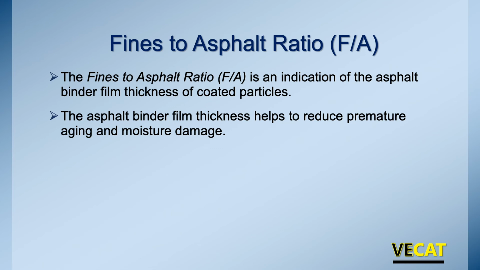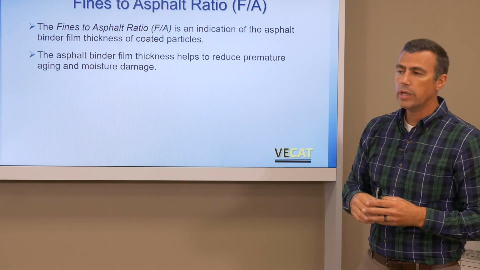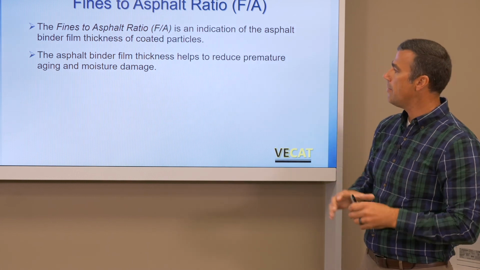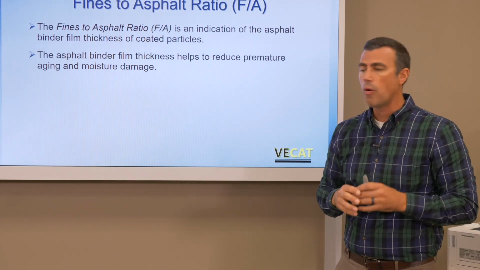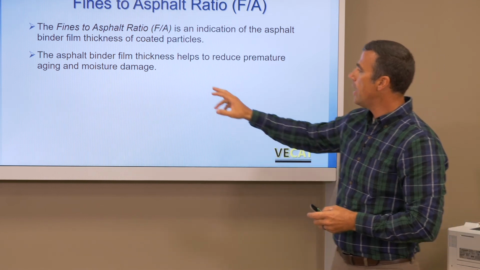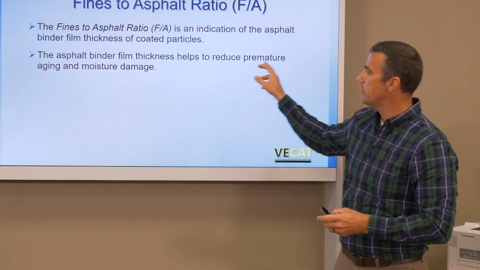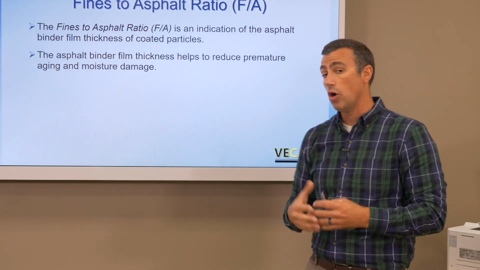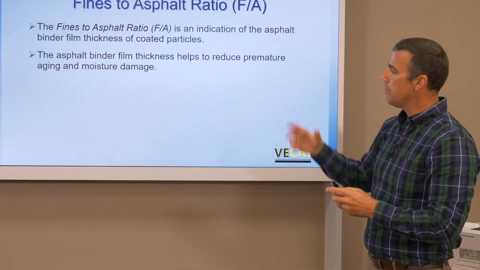It's an indication of the asphalt binder film thickness of coated particles. So it gives us an idea of durability, what kind of film thickness we have of the binder around those aggregate particles. So it's a very important property. That film thickness helps reduce, obviously, premature aging, moisture damage, durability, improved durability, or lack of durability.